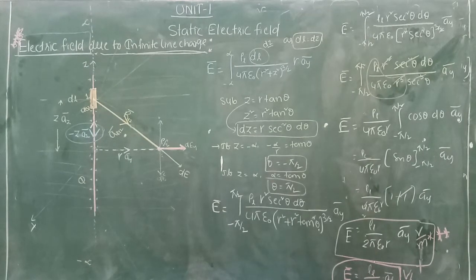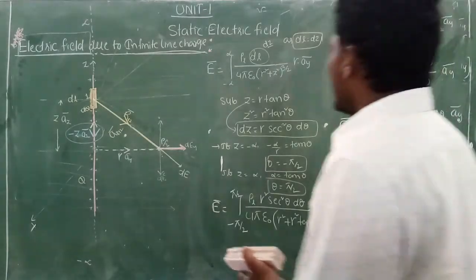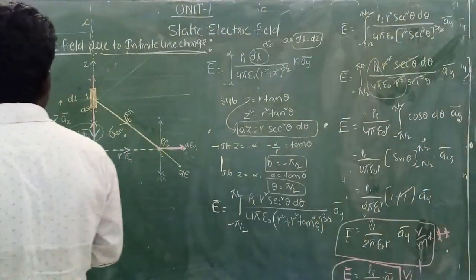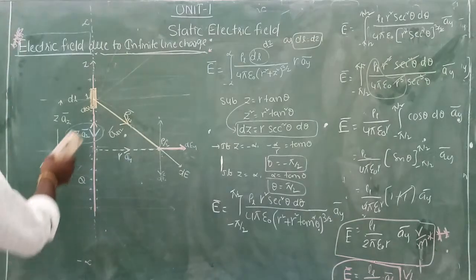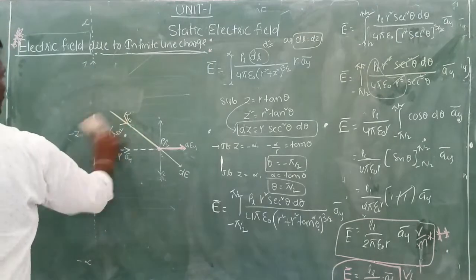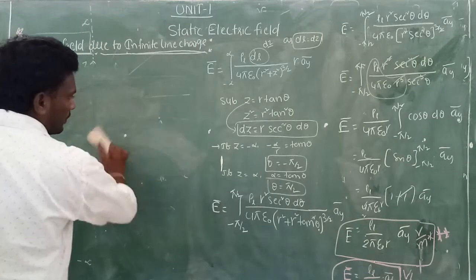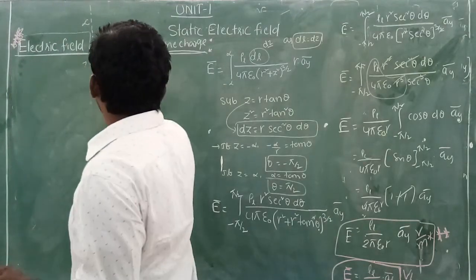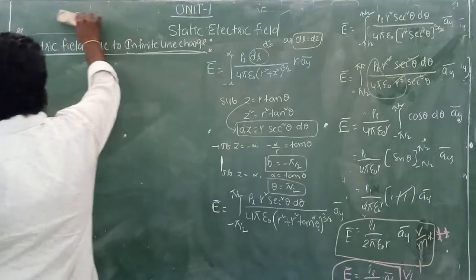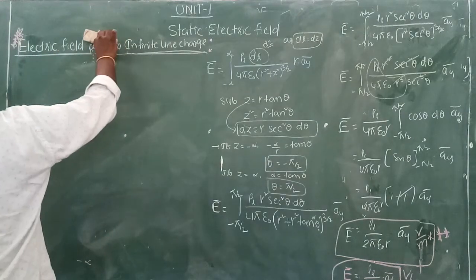Now see what is the next configuration which we have. The next configuration means electric field due to circular ring. I don't want to derive the entire expression, I will just give the hint here.